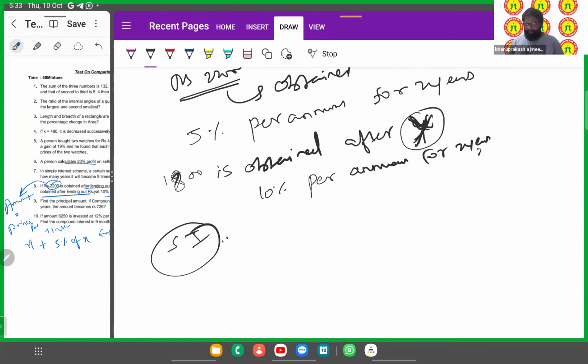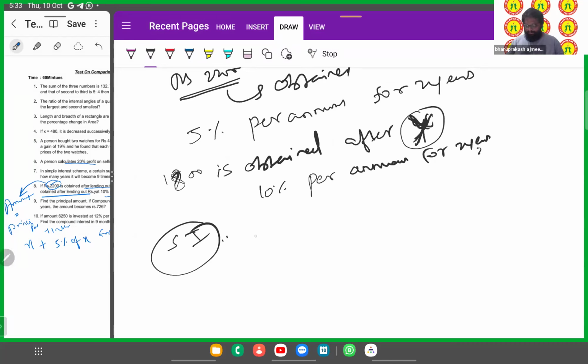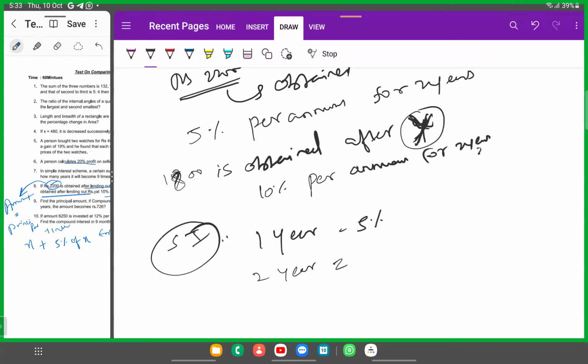So here if you see 5%, for 1 year it is 5%. For 2 years, how much is the total rate of interest? It is 10%. So here one thing is clearly mentioned.